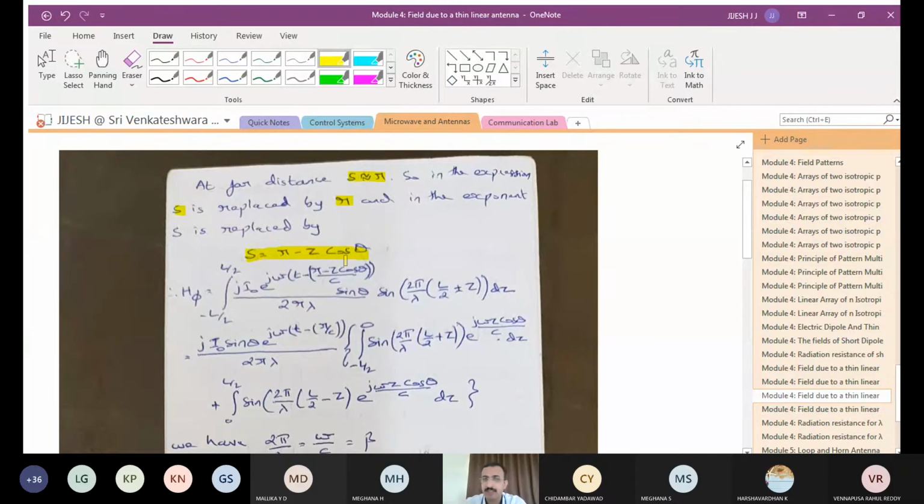So we are considering that at far field S is approximately equal to R.